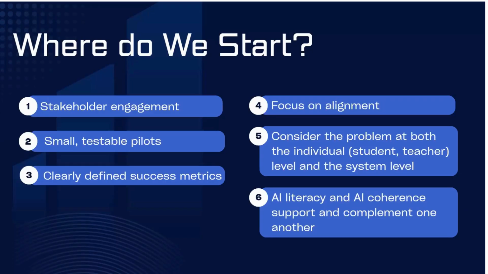We urge you also to think about problems at both the individual, that is the student or the teacher level, and the system level. And to bear in mind that AI literacy and AI coherence are two sides of the same coin. They support and complement one another and work towards the goal of ethical, effective, and reflective use of AI.